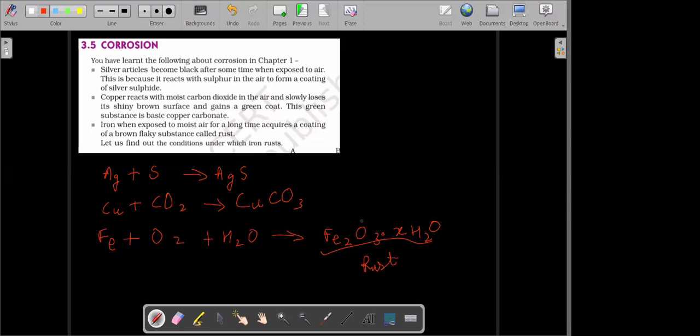Rust is a brown colored substance which is obtained on the surface of iron. Okay. So any doubt to anyone up to here?